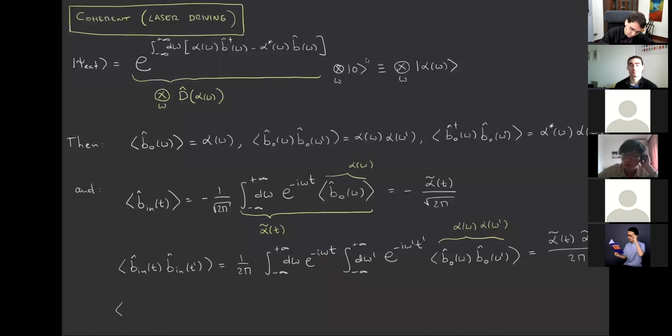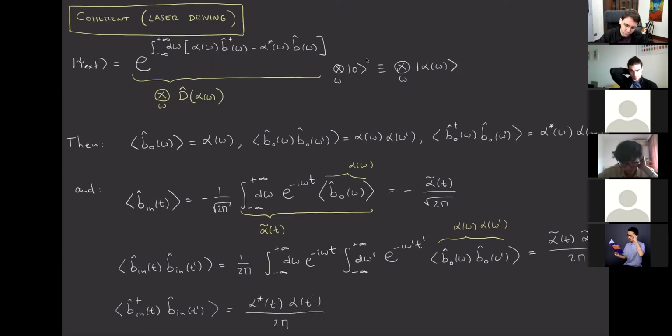And if you do the same for the B dagger B contribution, the B dagger B second order moment, then you will see with the same process that this is just again the multiplication of the first order moments. Okay? So this is already interesting because it allows you to think something slightly deep about quantum mechanics.